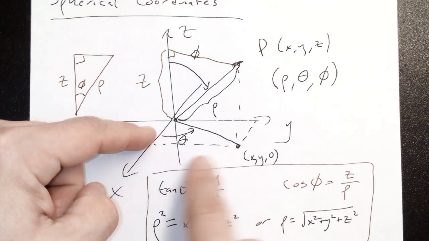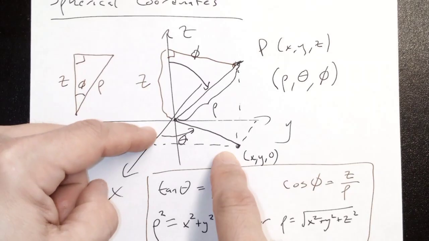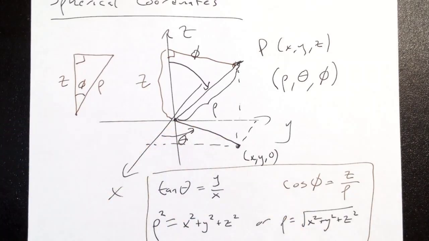X and Y, right? That's in the XY plane. That involves the triangle that's flat. But that's the same triangle we were using for polar. So that should be r cosine theta, r sine theta, right? I don't have an r.